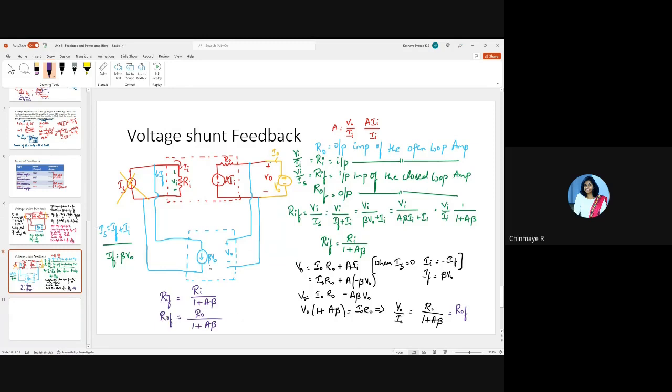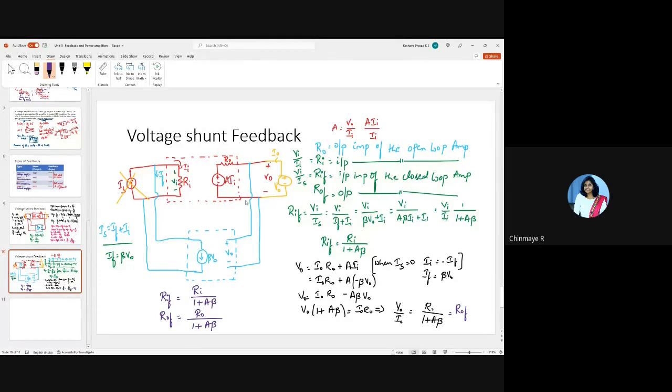Here I'll just repeat it. This is a voltage shunt feedback where the input is current and the output is voltage. The output voltage is always sampled in shunt, and whenever you feed back current, it is always fed back in shunt.